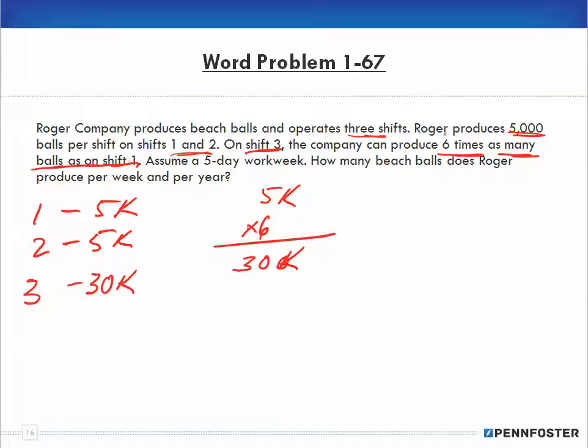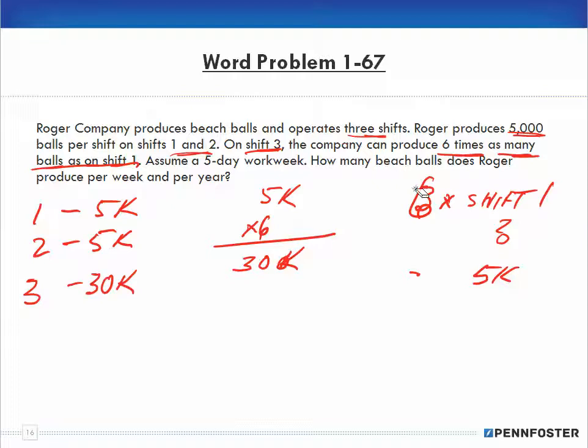See again, notice how this is using information, and I need to modify it. On shift 3, the company can produce 6 times as many as shift 1. Well, how much is for shift 1? 5,000. So that's, I'm sorry, this was 6, not 3.